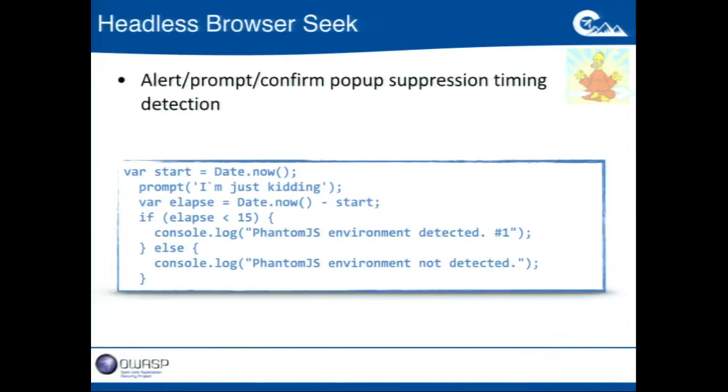So we can just start measuring it, right? Code like that would just measure the difference between creating the actual alert and when it was clicked back. And if it's something like less than 15 milliseconds, then probably it's a bot or Phantom.js or just another bot in general.